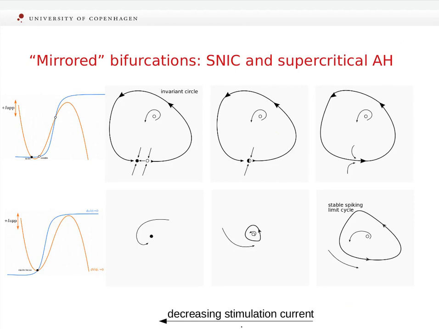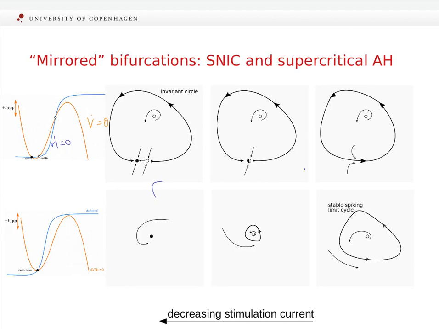So in this direction, we are decreasing the stimulation current or injecting the hyperpolarizing current, for example. Again, we start from a spiking regime. But then our V nullcline finally touches our N nullcline. So this is our N nullcline and this is our V nullcline.